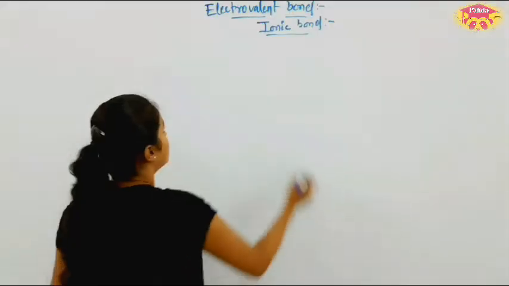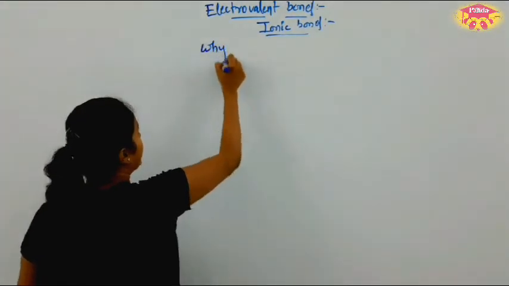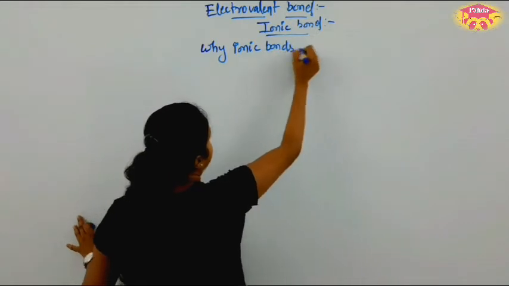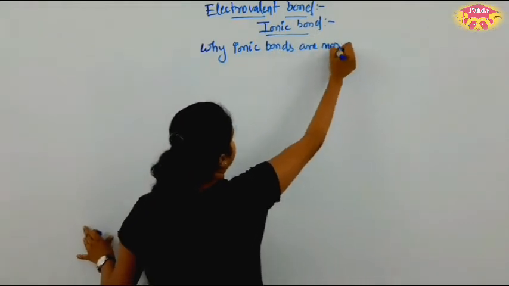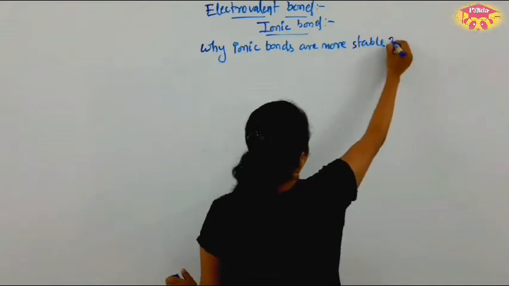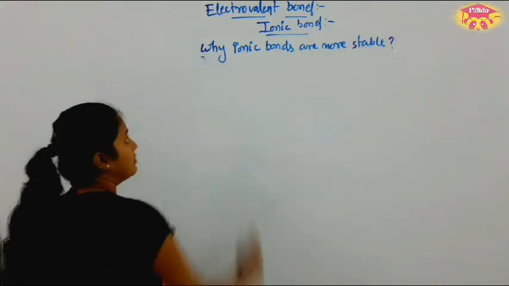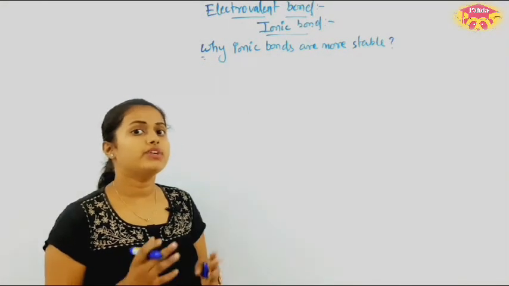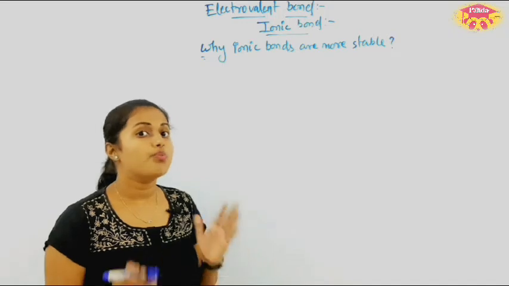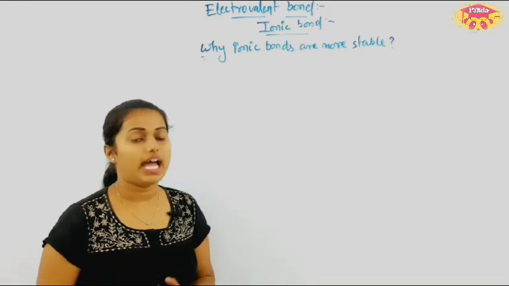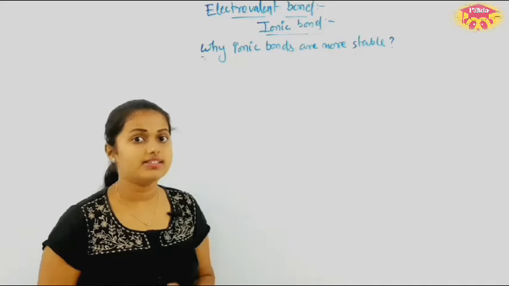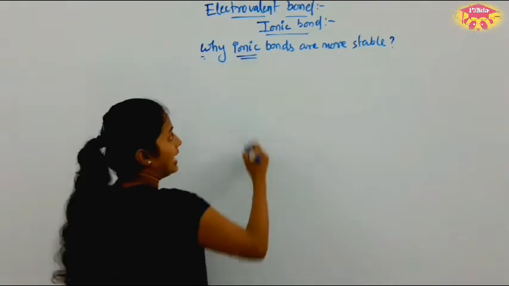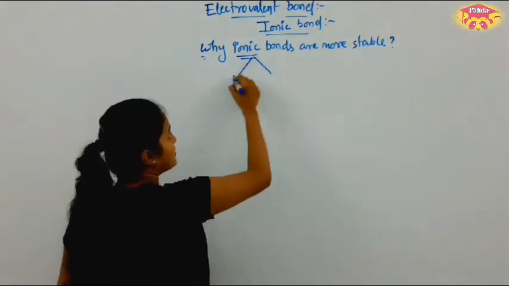Okay, so students, now we will discuss why ionic bonds are more stable. We know that the electrostatic force of attraction between oppositely charged ions is very high. When we come to the ionic bond, we know that there exist two types of ions, right?